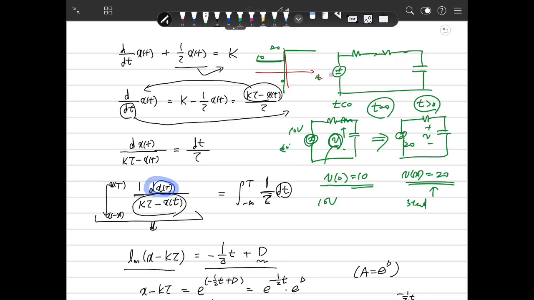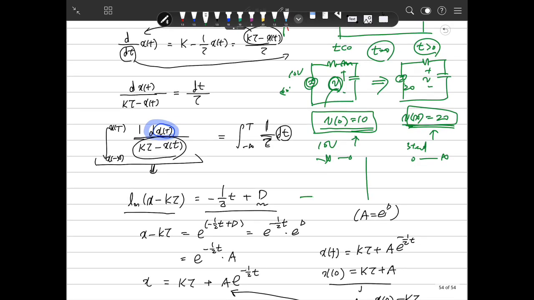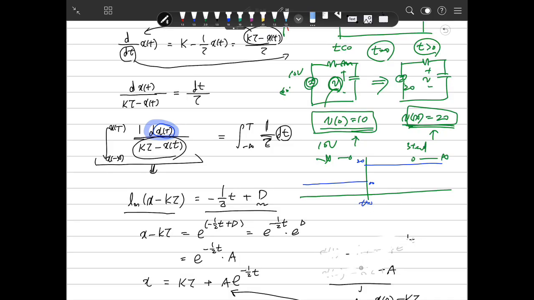This is a steady state, and this is a steady state. But the difference is, this is a steady state from minus infinity to 0, and this is a steady state from 0 to infinity. So voltage VC will change from 10 volts at 0 toward 20. You already know that capacitor voltage cannot change instantaneously.